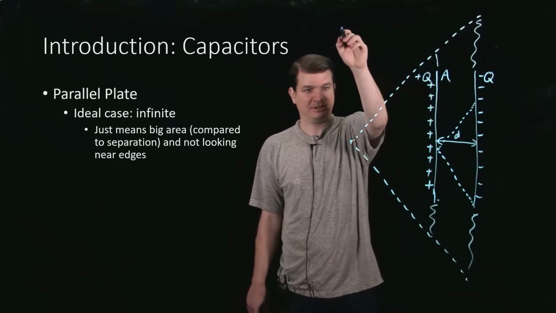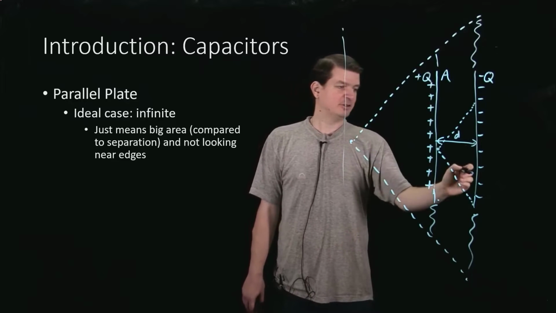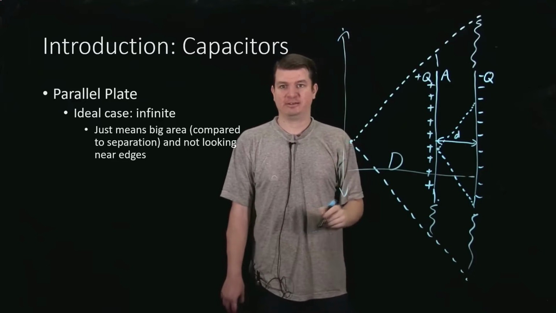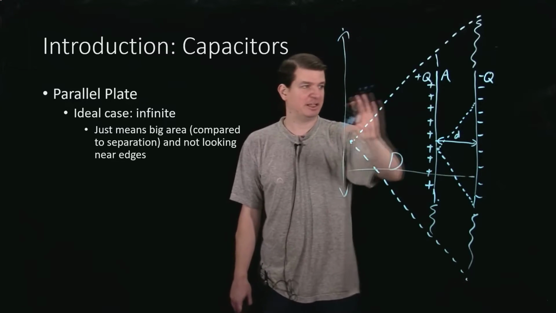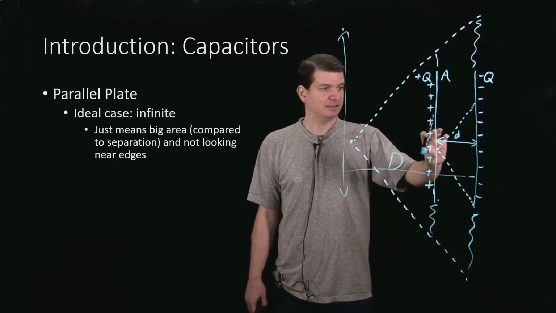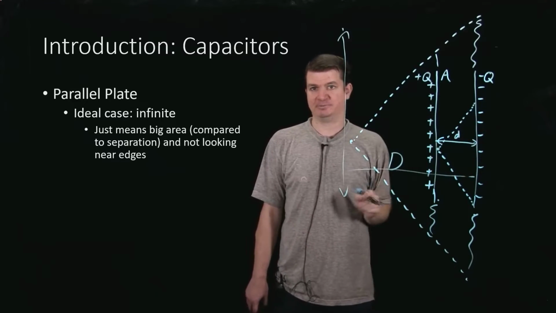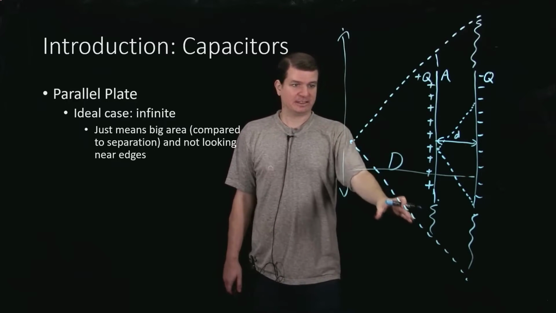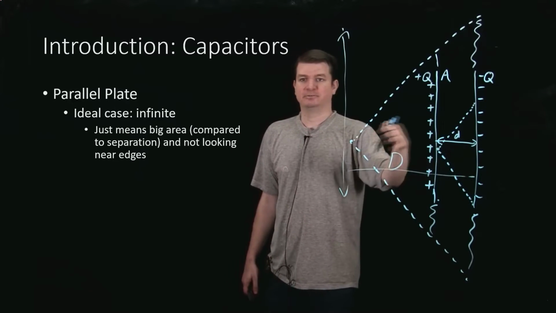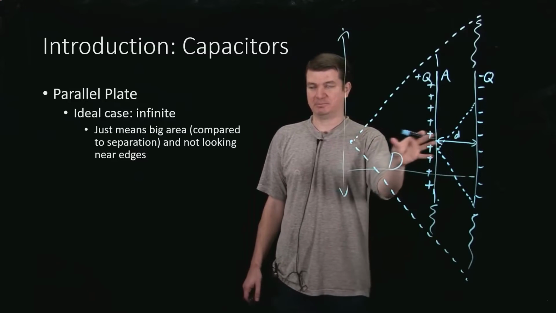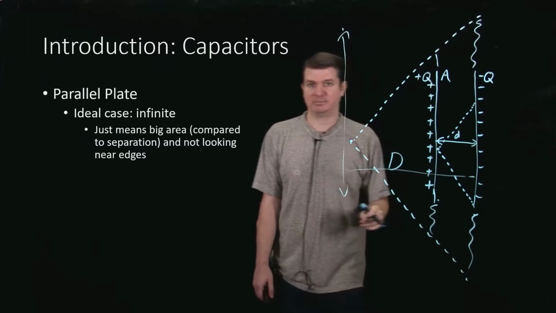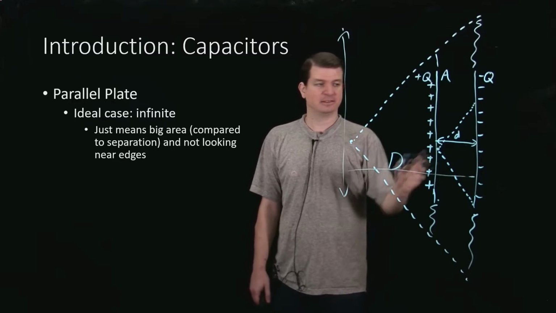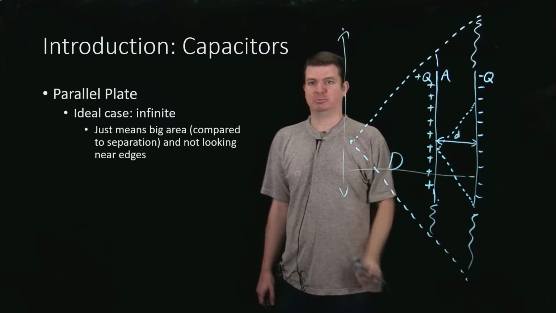That would mean if I had another plate here, then this large separation, we'll call it capital D, is too big, and this plate plus this plate would not be ideal. This one plus this one are pretty ideal. So this infinite thing means we're not looking at widely separated plates. We want small separation compared to the area.